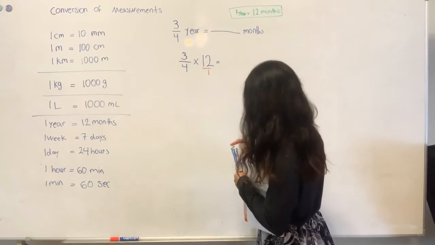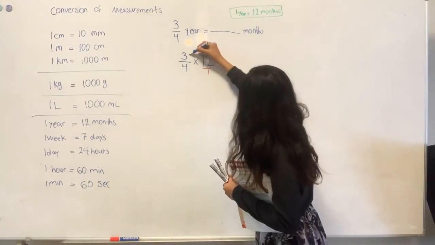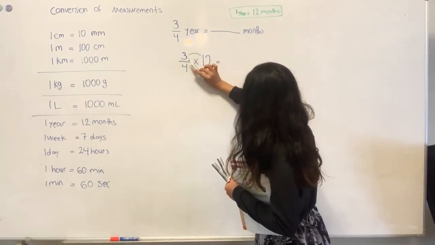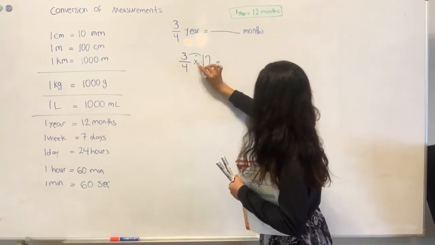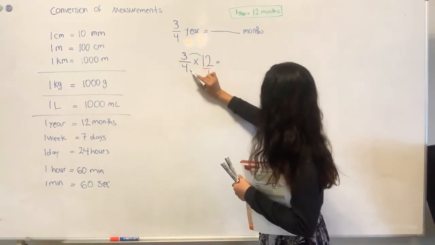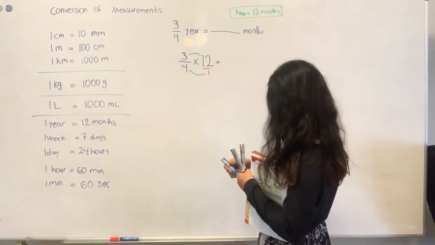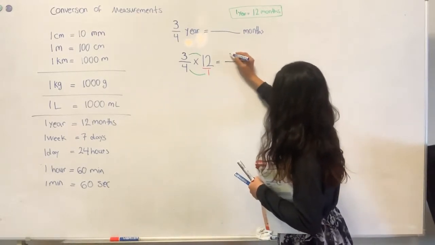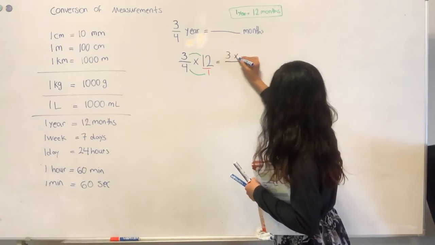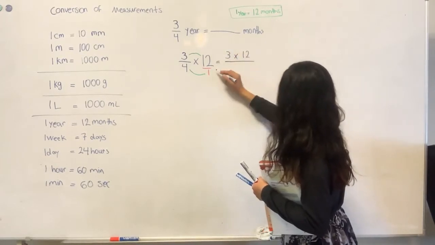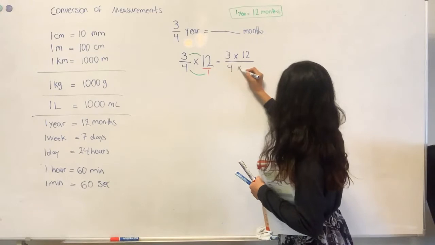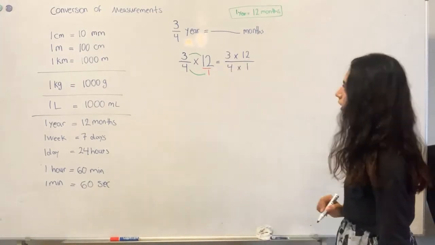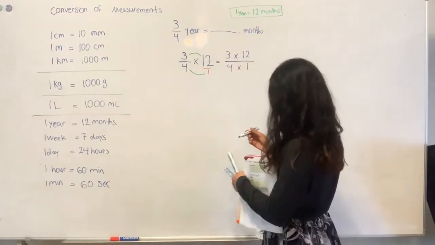You times this by numerators to numerator, denominator to denominator. That's how we write 3 times 12, 4 times 1. Now we can simplify it.